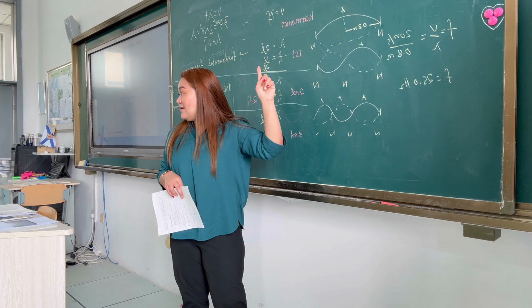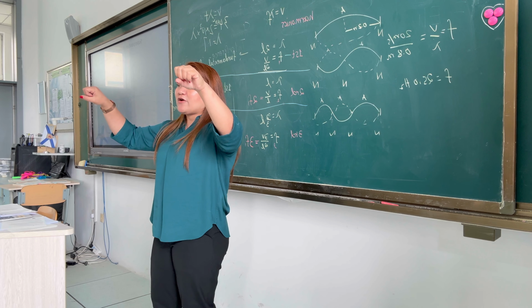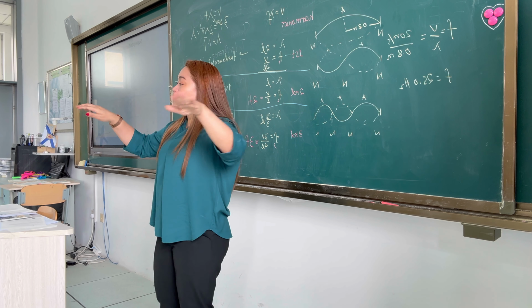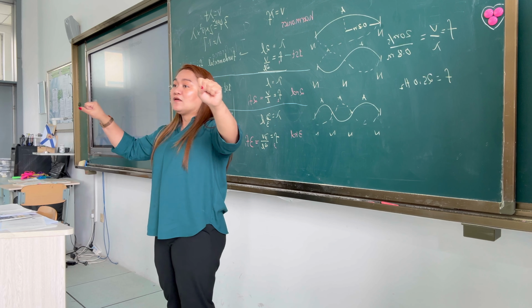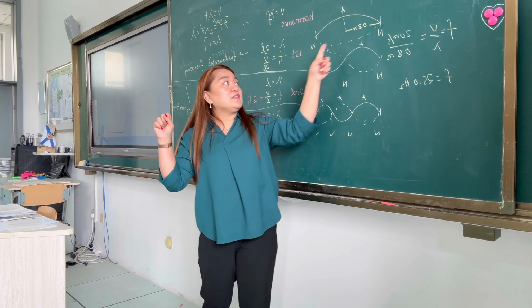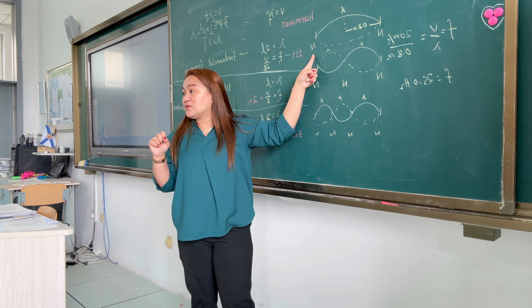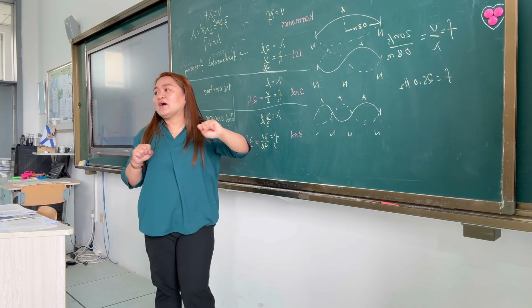Do you agree with me? But make sure that both ends are fixed. When forming a wave with two fixed ends as nodes, it will form one antinode at the middle.